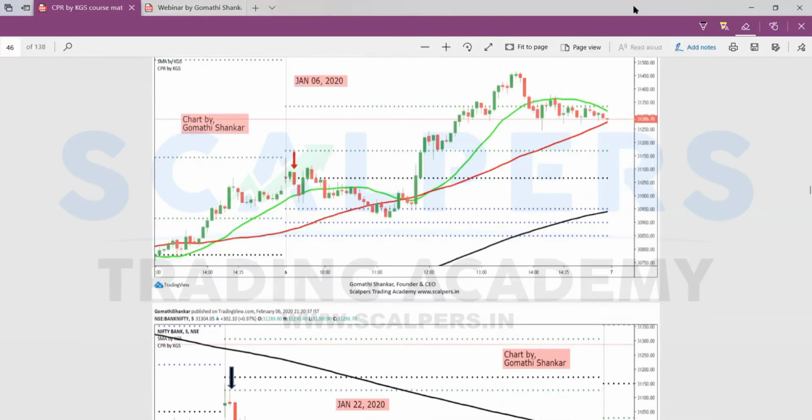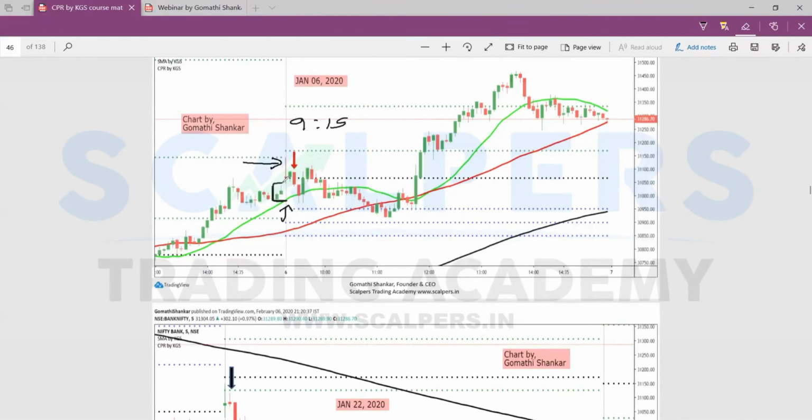What you have to do? At 9:15, when the market is opening, you have to observe the first candle and the 20 SMA, and see whether there is distance between the 20 and the candle.